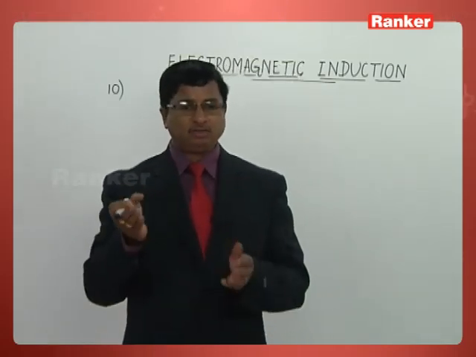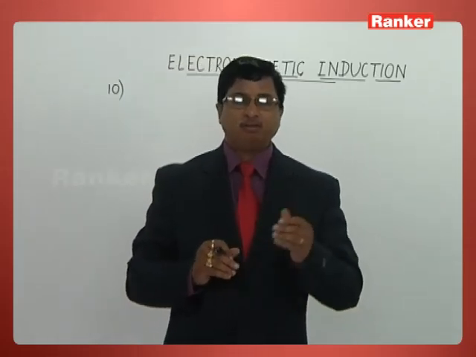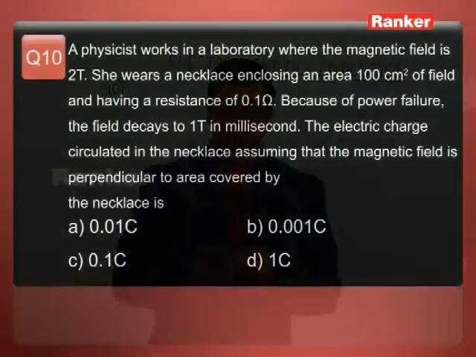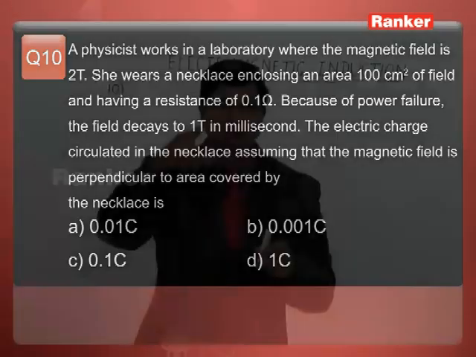Now, what is he asking for? He said because of power failure, the field decays to 1 Tesla in 1 millisecond. The electric charge circulated in the necklace, assuming that the magnetic field is perpendicular to the area covered by the necklace, is how much? How much charge is being circulated in the necklace? That's what he is asking you.